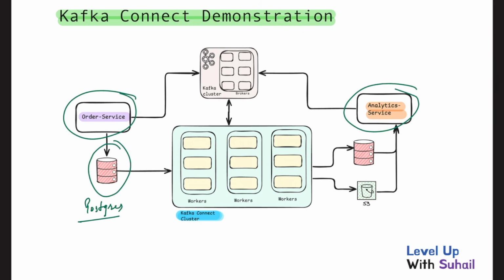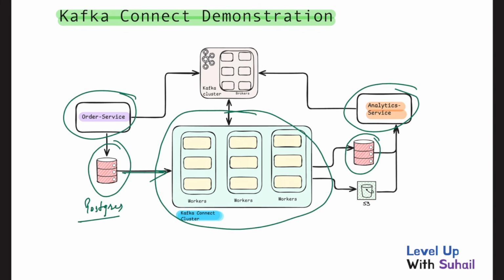And we have used the Kafka Connect cluster here, which would continuously stream the data from Postgres to the external systems. When I say external systems, it could be another database like the analytics database, which is being used by the analytics service, and it might also insert the data into S3.